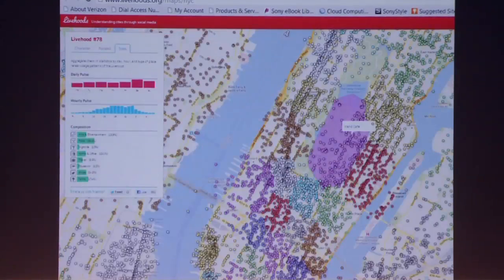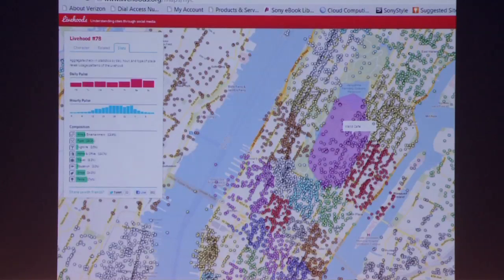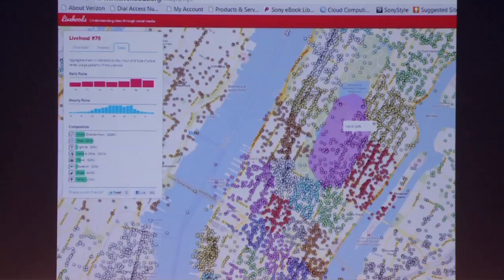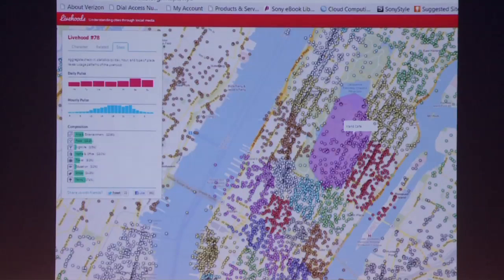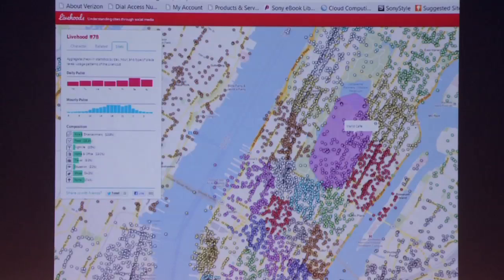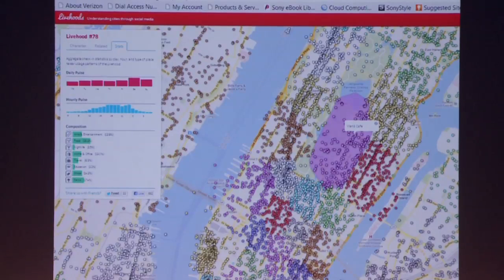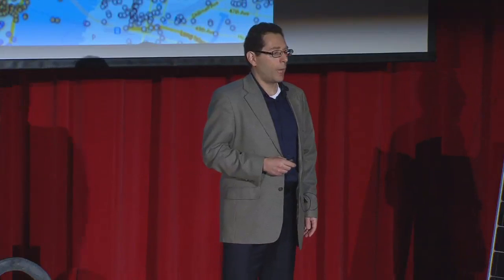For instance, Foursquare also provides you with information about the types of businesses and venues you find in a given place. And so now we can look at categories of venues found in a Lifehood, and that tells us a lot about the types of activities that people will likely engage in in these different neighborhoods. These check-ins also come with time information.